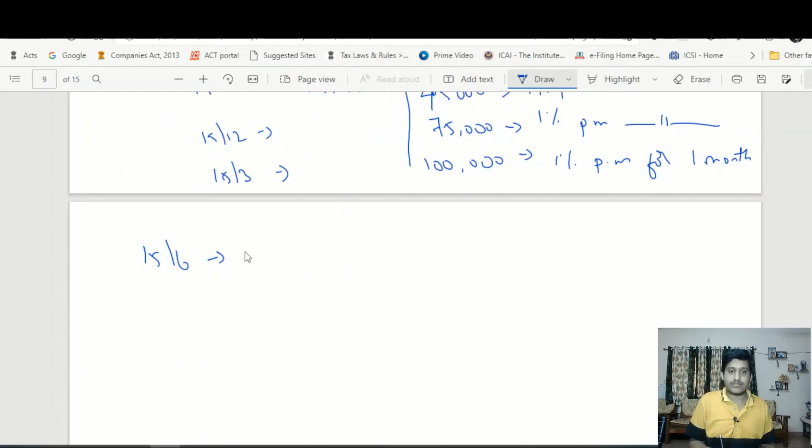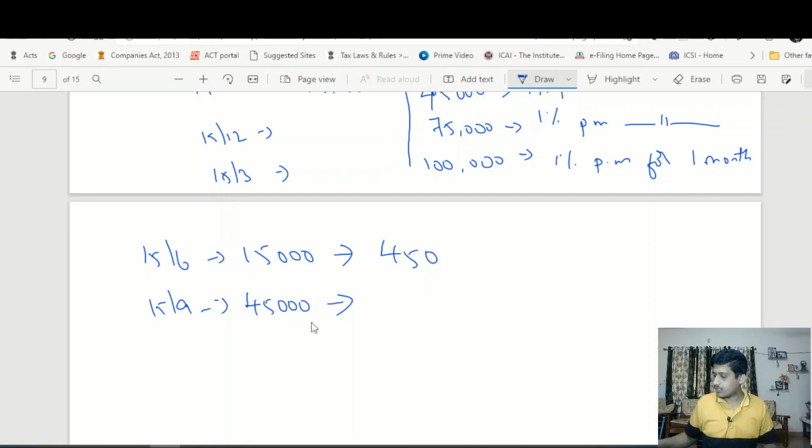15th of June, the shortfall amount is 15,000. 1% per month for 3 months comes to 450 rupees. 15th of September, the shortfall amount is 45,000.